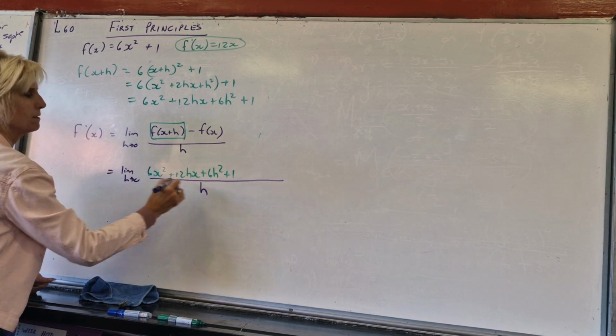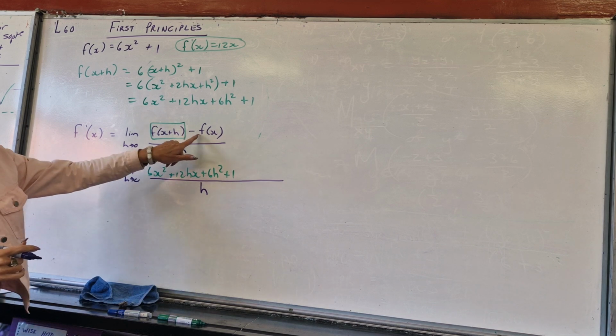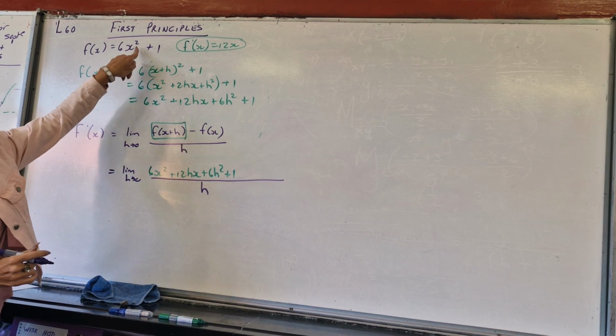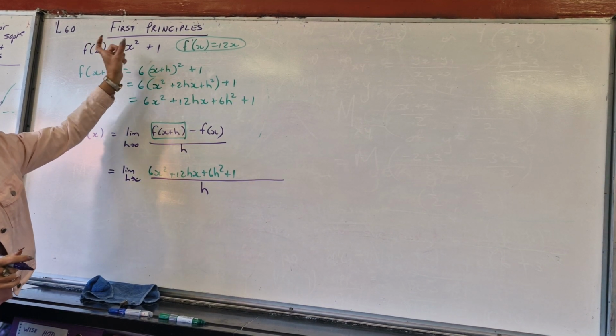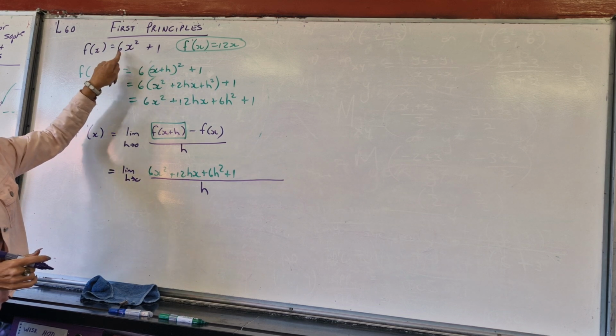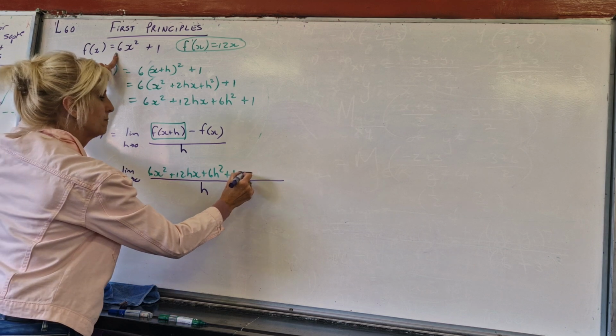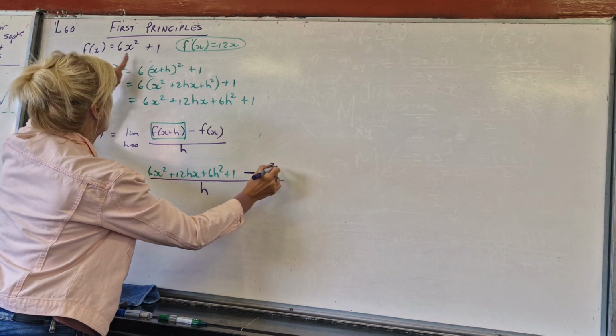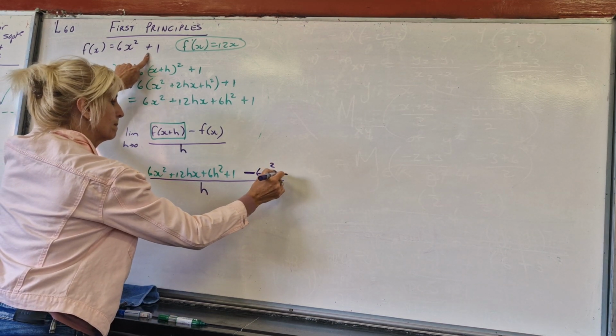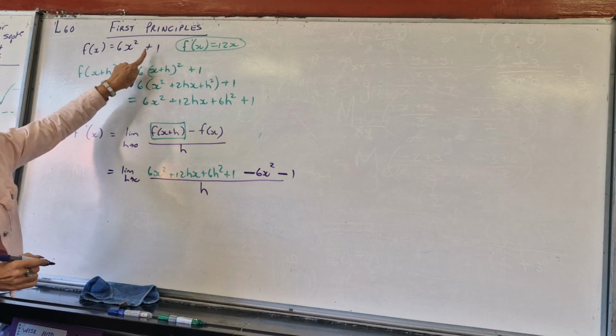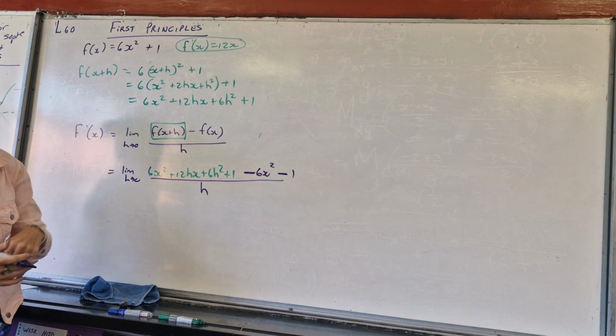So the h is still there, and I'm short of the minus f(x). So minus f(x) means subtract this whole thing. That's going to mean minus the whole thing in a bracket, making this one minus, and making this one minus as well. And if it was a minus, it would become a plus.